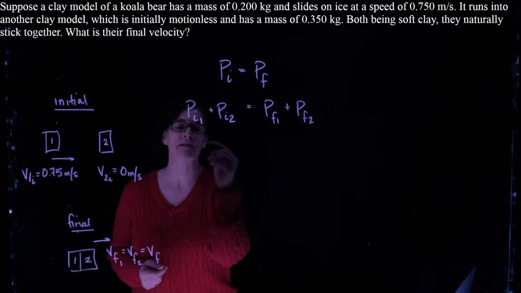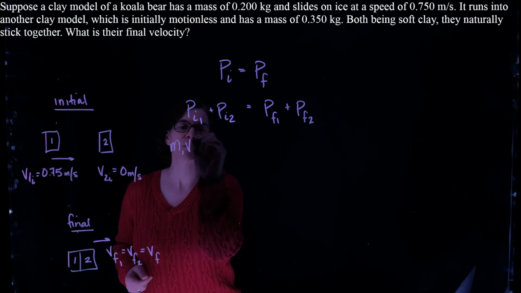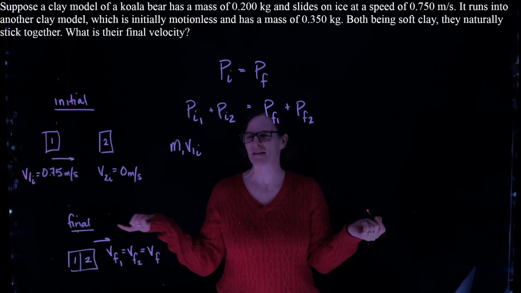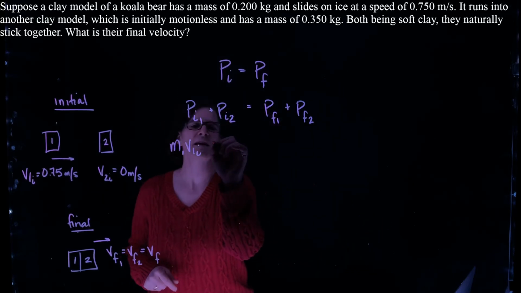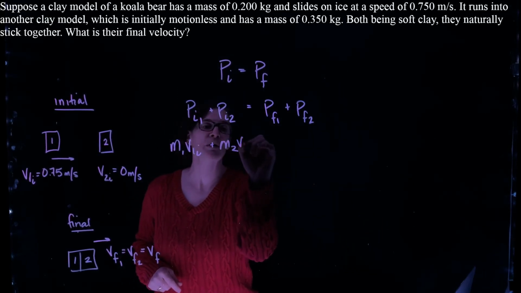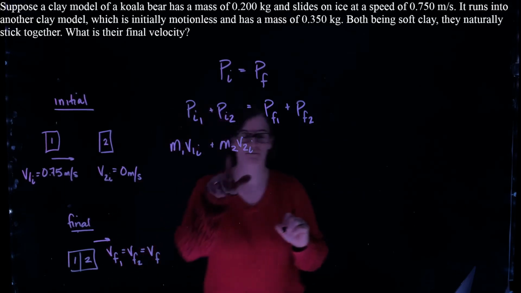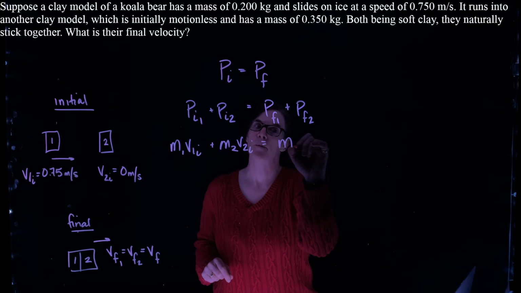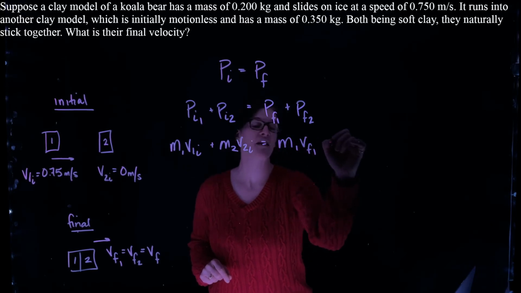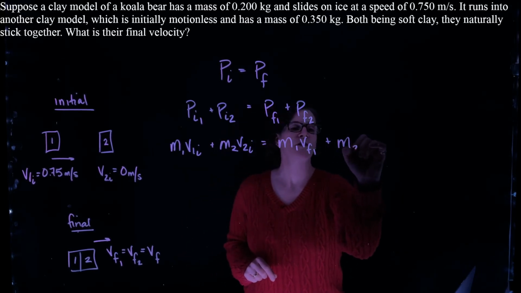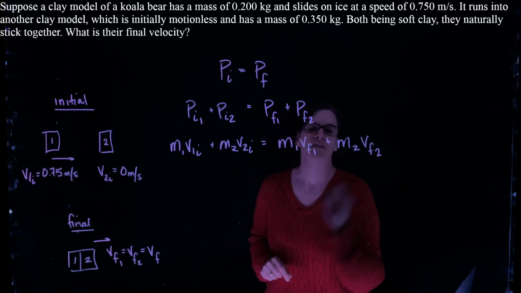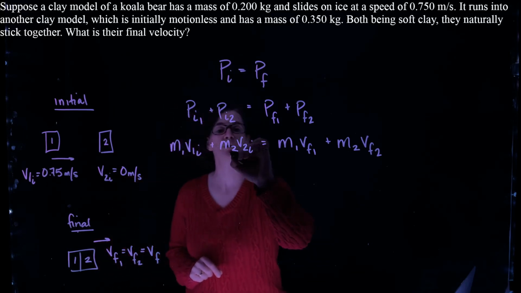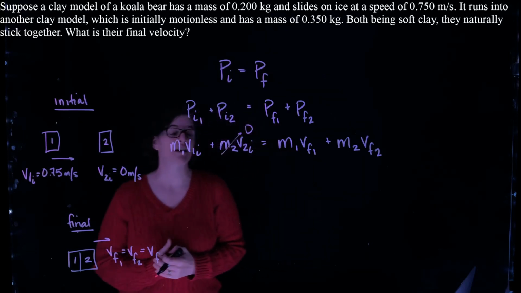So our initial momentum of object 1 is mass 1 times the initial velocity, in the case of momentum we want to pay attention to direction, plus m2 times the initial velocity of mass 2. Final is m1 times the final velocity of object 1 plus m2 times the final velocity of object 2. We know that object 2 starts off with an initial velocity of 0.